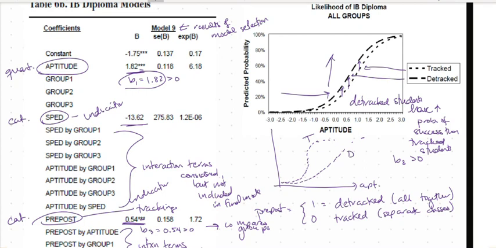It of course would probably not be this extreme, but that's just to illustrate the point that the two types of students, those who are tracked and those who are detracked, would have different slopes or different curves. So the effect in this case is how steep or how tight that S is. This is one way that might look.